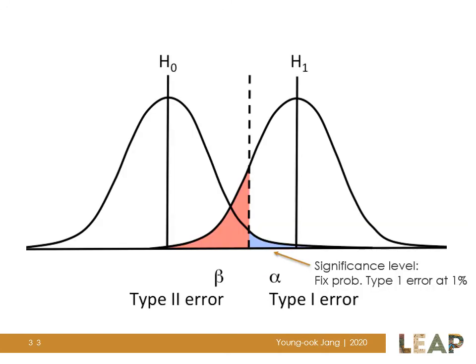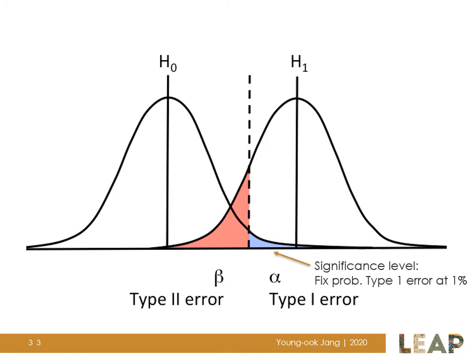the econometricians usually try to minimize type 1 error. So you fix the size of type 1 error, alpha, to a specific level, and that's usually called the significance level. Okay, so you fix the probability of type 1 error at 1% and find if the H0 is true or not using the regression analysis.